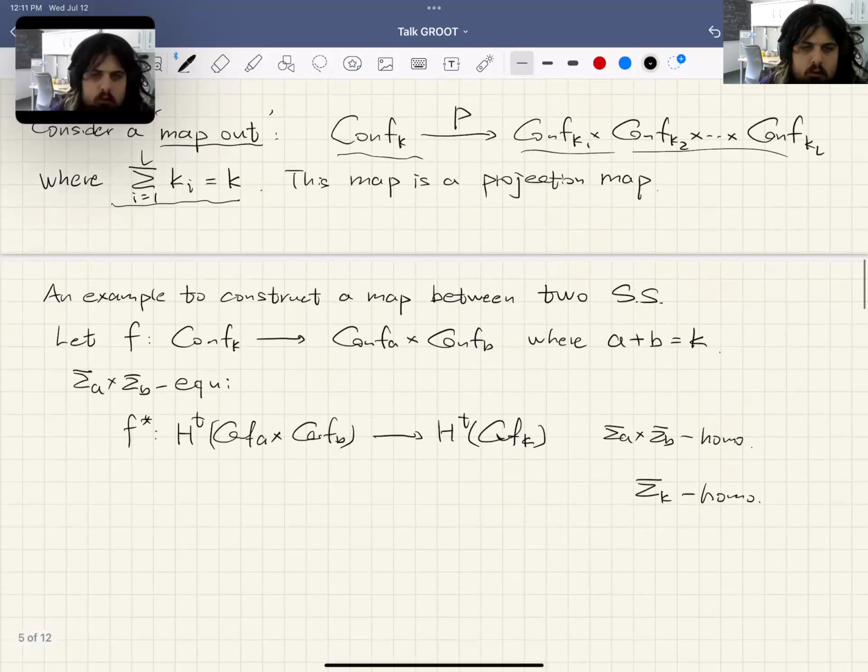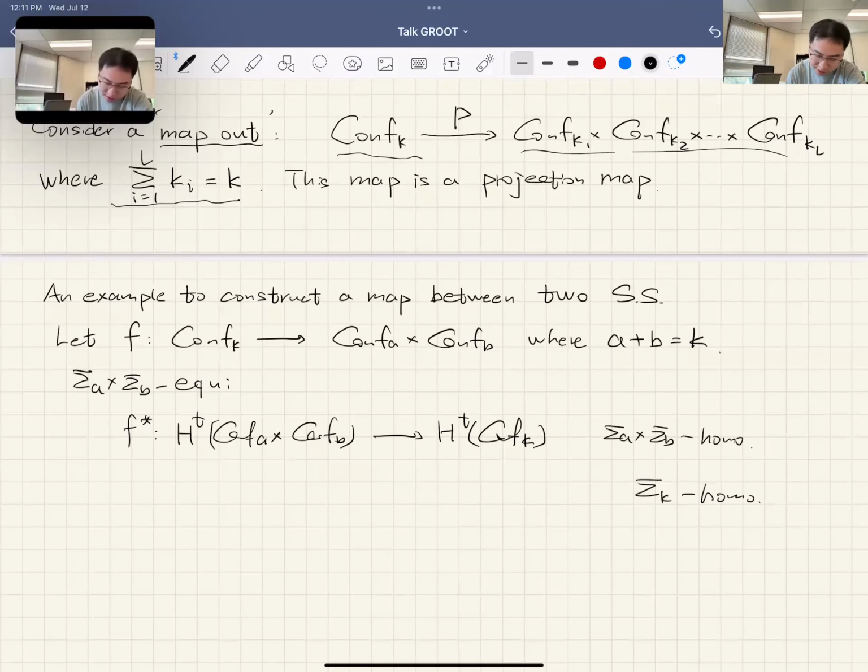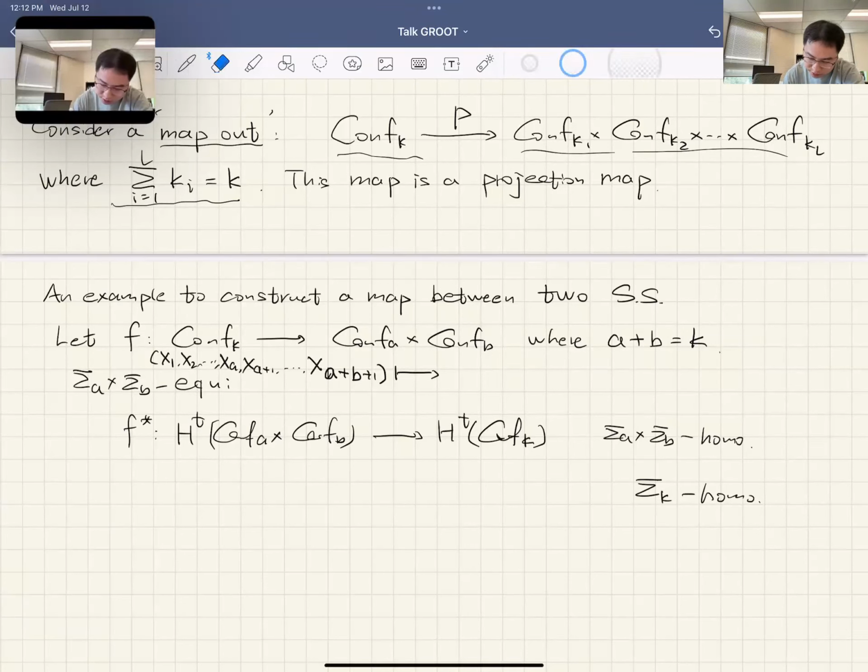Okay, so if I have a point x1, x2, all the way to xa, then xa plus 1 all the way to xb, I think a plus b plus 1, I guess. So I simply send the point, so it should be x sub a plus b, because a plus b is equal to k.